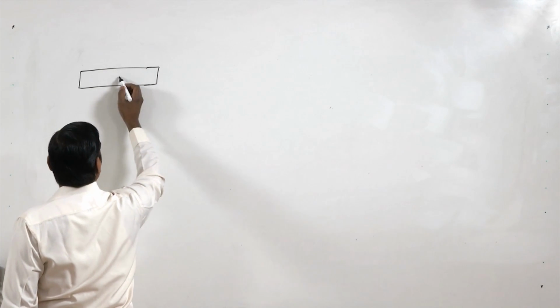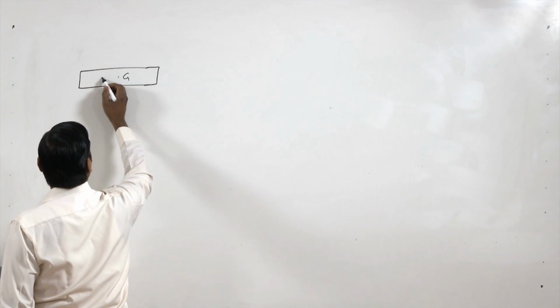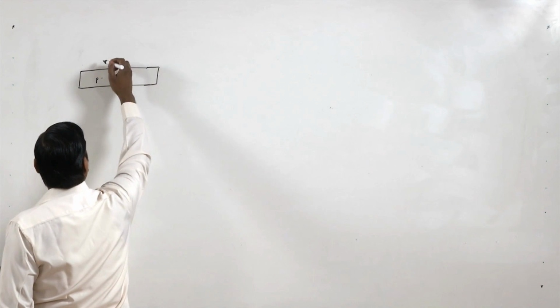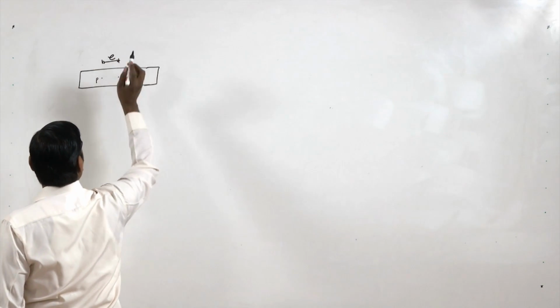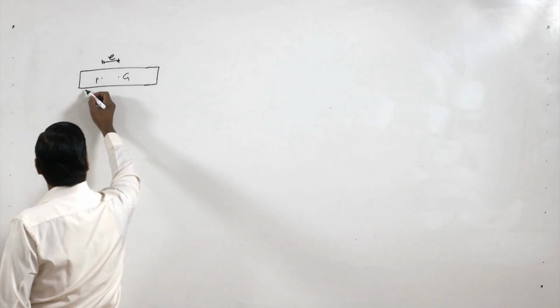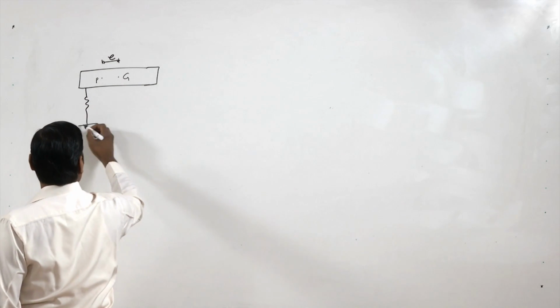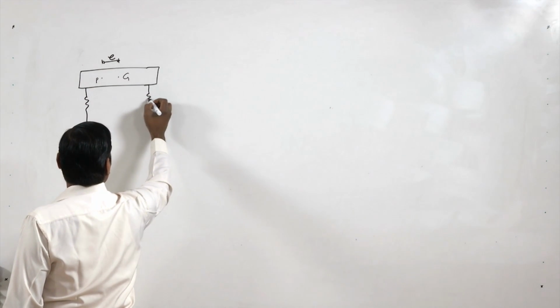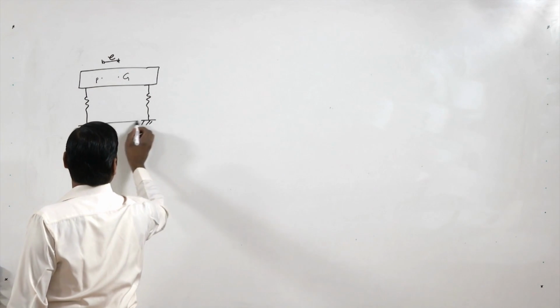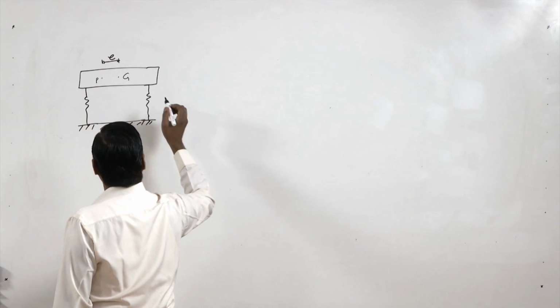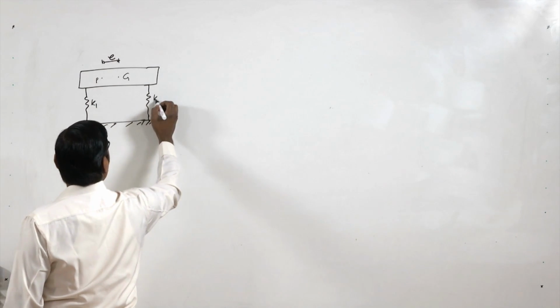So we have the same system. Here is G, and we take a point P at distance E. Here we have these springs, K1 and K2.